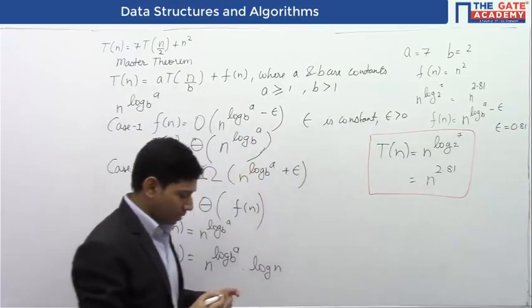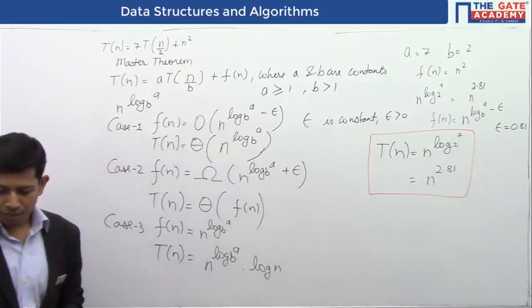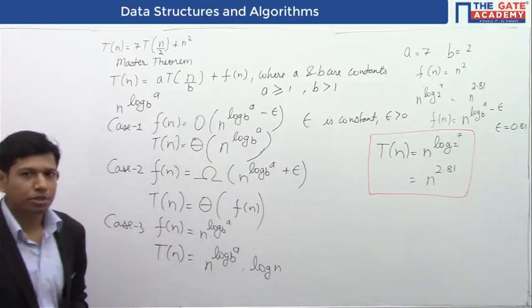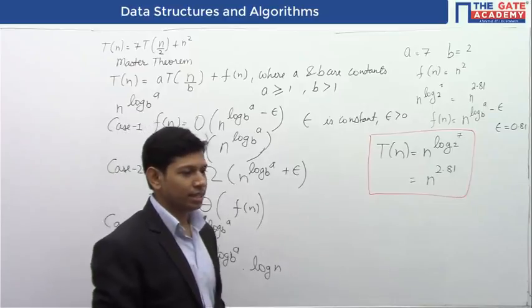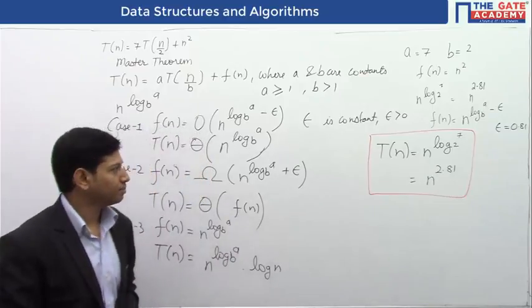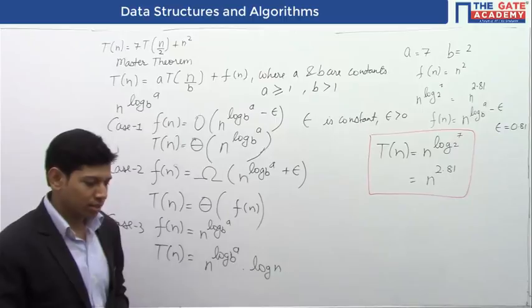So we have obtained the same answer from master theorem which we obtained from substitution method. Both methods result in the same solution. So this was the solution using master theorem.